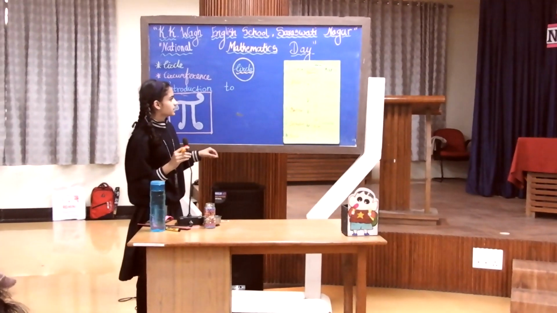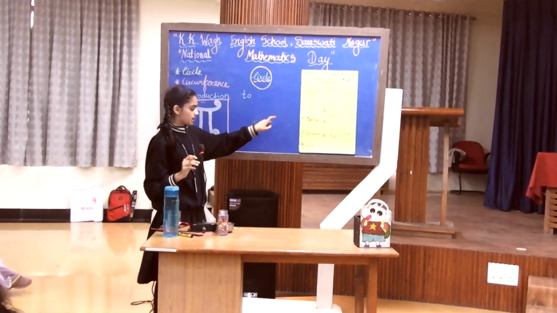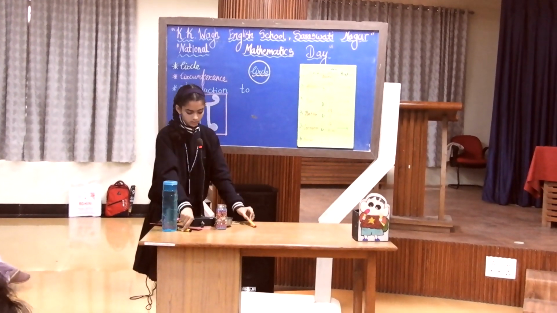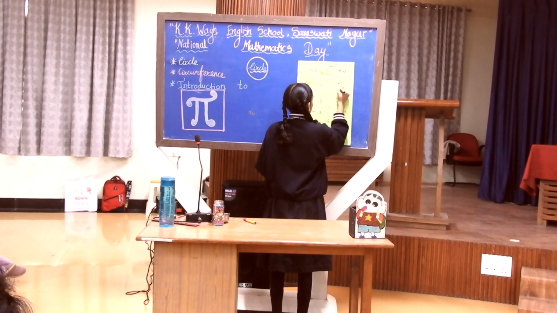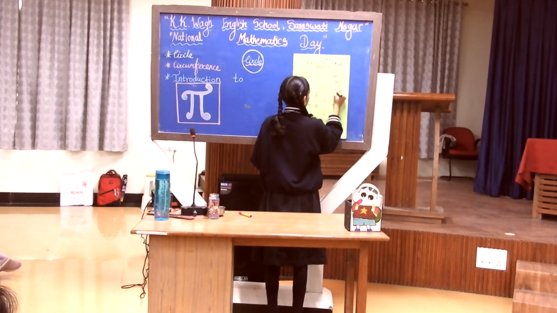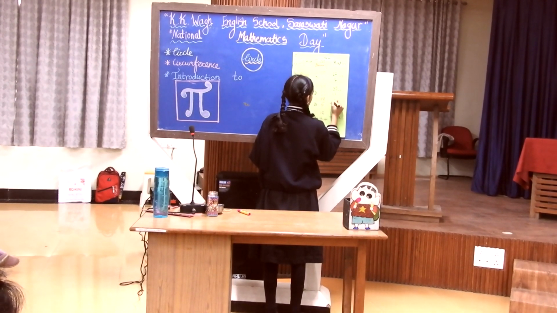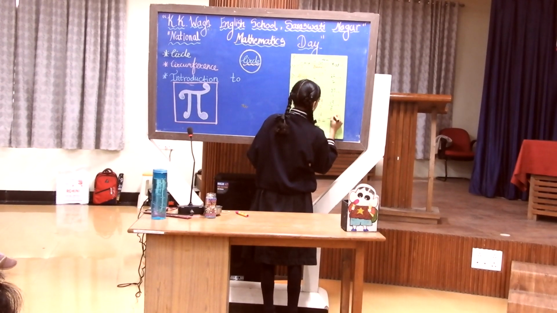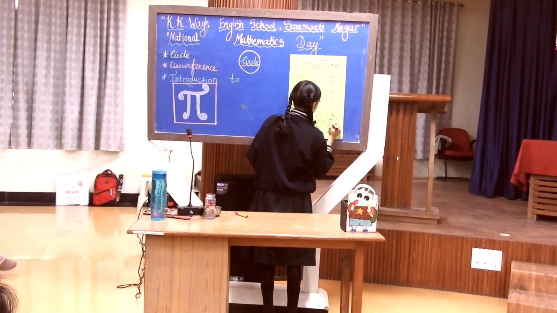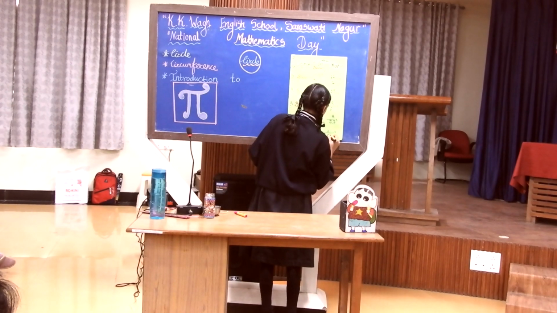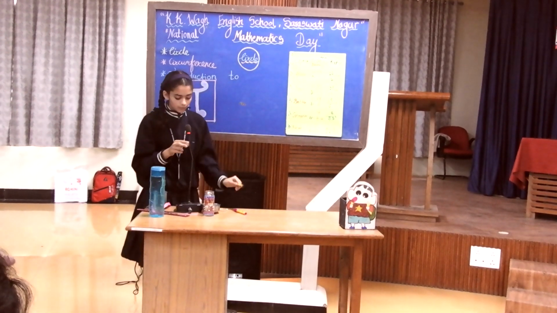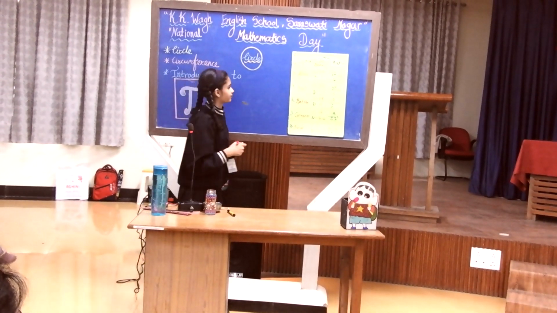So now we will take out the ratio, that is circumference upon the diameter. So now we will take out its ratio.